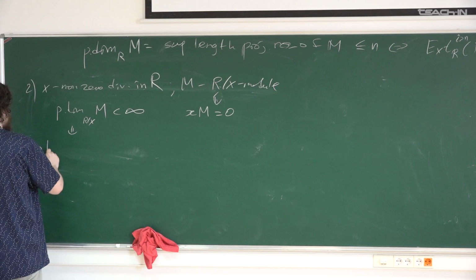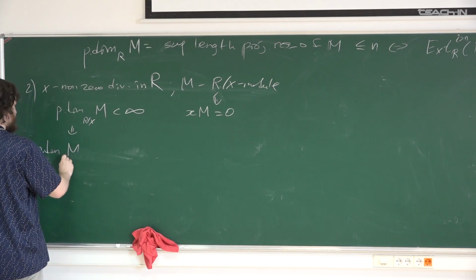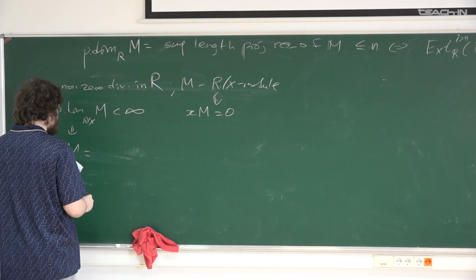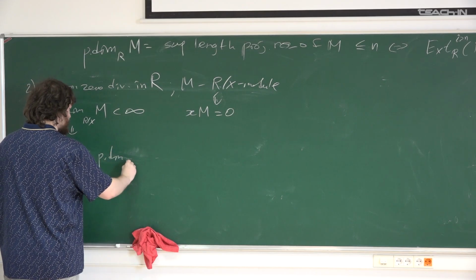The projective dimension over R is exactly 1 greater than the projective dimension over the quotient.